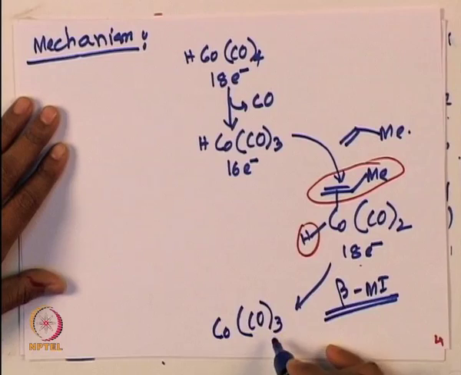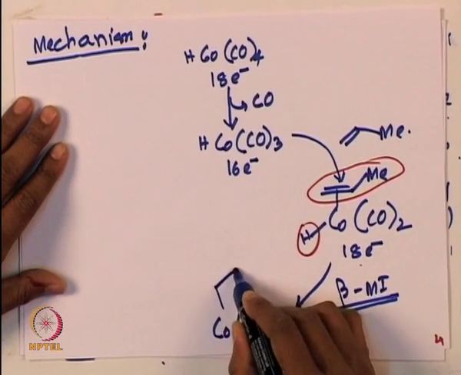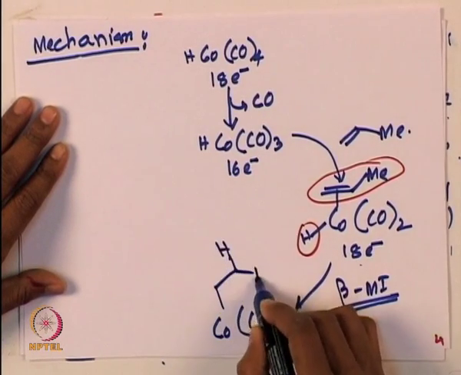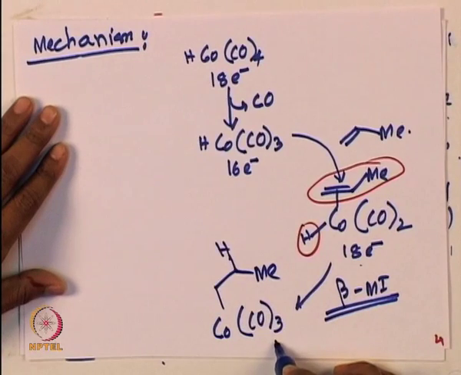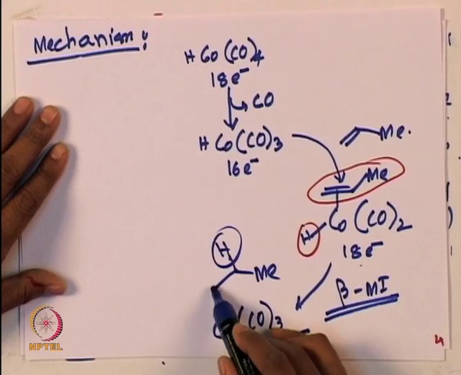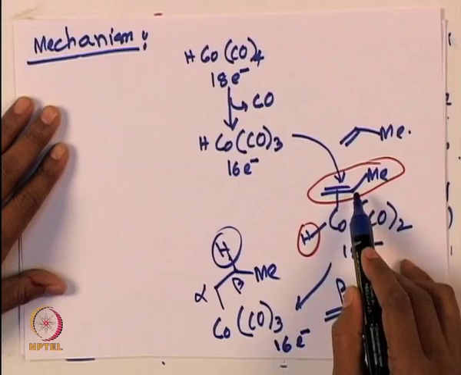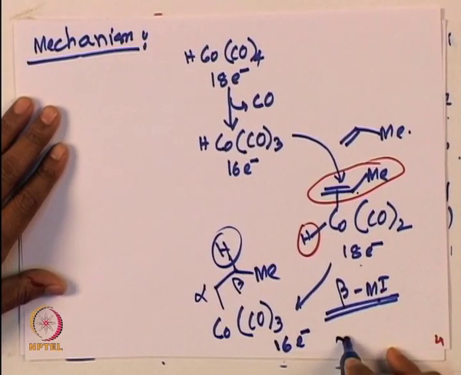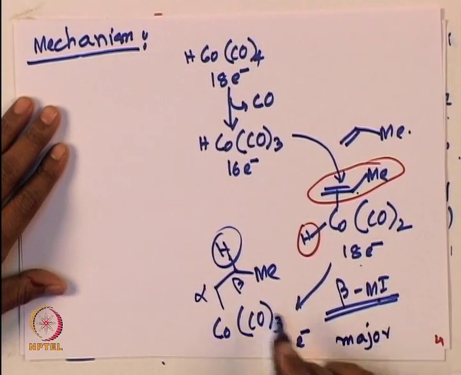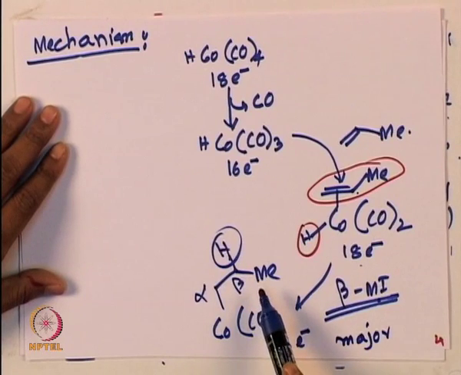So from 18 electron, of course, you are going to get a 16 electron intermediate with the hydride at the alpha beta position. That's why it is beta migratory insertion into the olefin, and this, of course, is going to be the major product, the one which is going to give you the linear aldehyde.